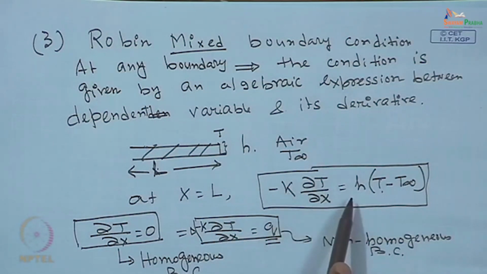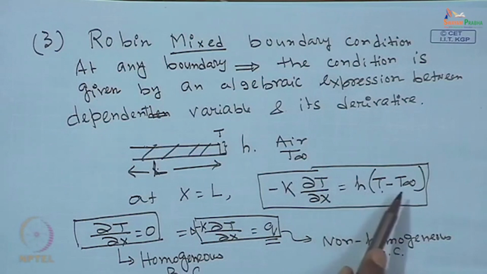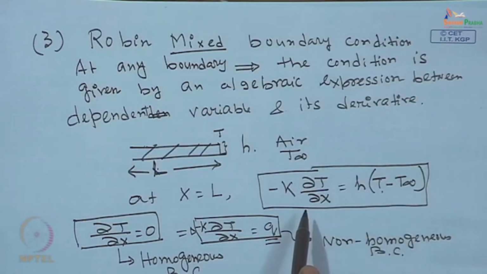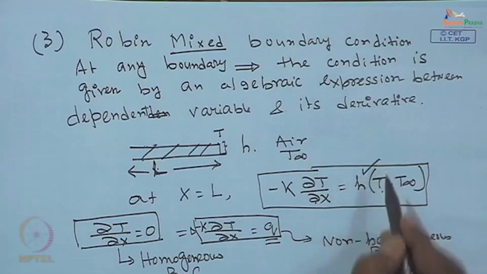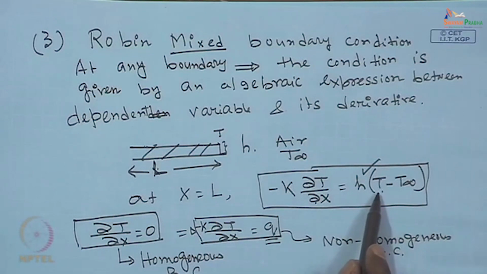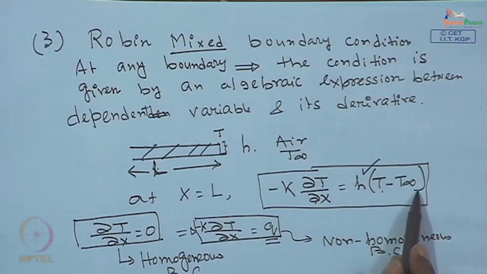Now, in this equation there are three terms, two terms on the right hand side, one term on the left hand side. The term on the left hand side contains a derivative of the dependent variable T. The first term on the right hand side contains the dependent variable T, h times T, and the second term on the right hand side contains a constant term h into T infinity, which does not contain the dependent variable.